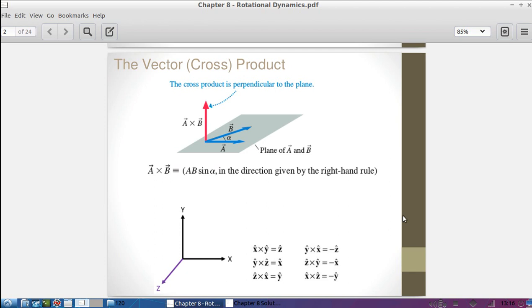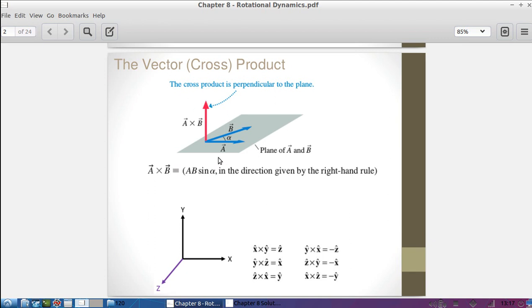We already dealt with the dot product when we were talking about work, and that resulted in a scalar. So for those of us who haven't seen this level of vector calculus, just do a quick review or a quick introduction to the vector product.